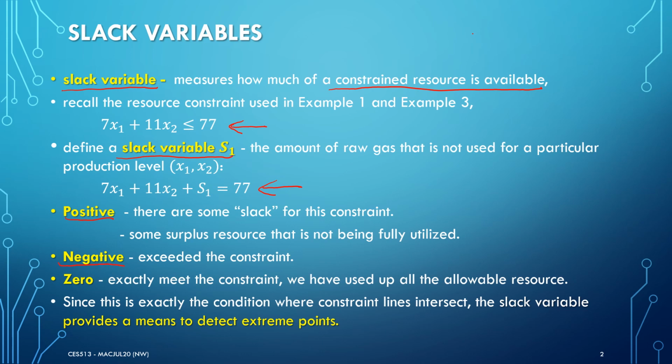And finally, if it's 0, we exactly meet the constraint. So that means we have used up all the allowable resources. Since this is exactly the condition where constraint lines intersect, the slack variable provides a means to detect the extreme points.